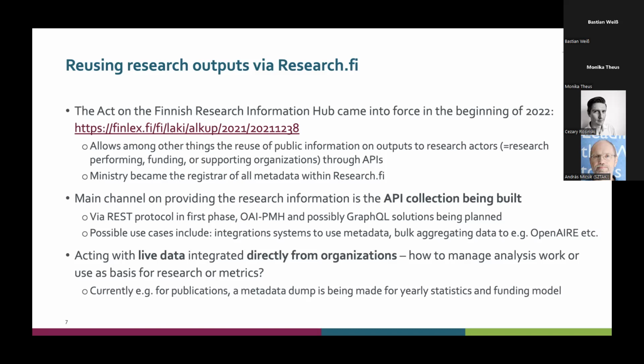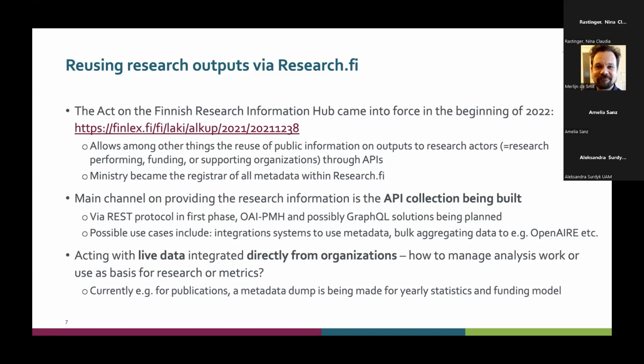But then really, I don't know if it's a comment or question, but while thinking about the use cases and the metrics side and then the analysis side of research information, we really come down to the question: while we are working with real-time data flowing from integrations on local systems, how do we actually manage that on the level of analysis?